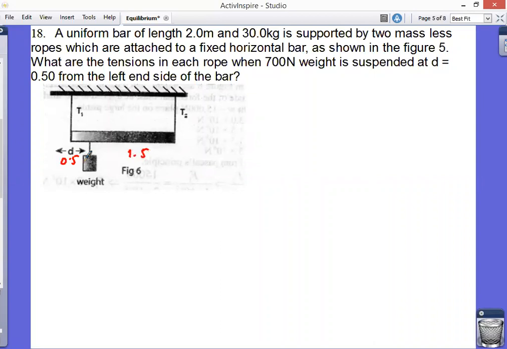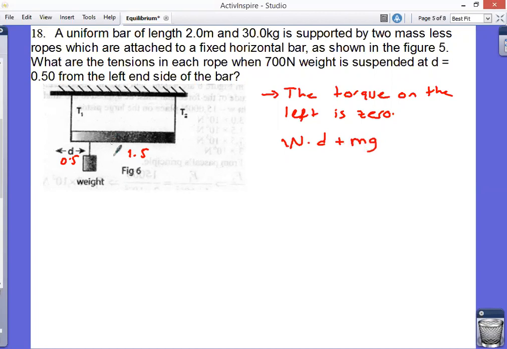So here, what are we going to do? First of all, let's say the torque on the left is 0. If the torque on the left is 0, we can find T2 here. We can apply weight times d, plus mg.